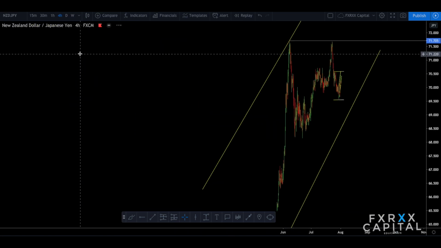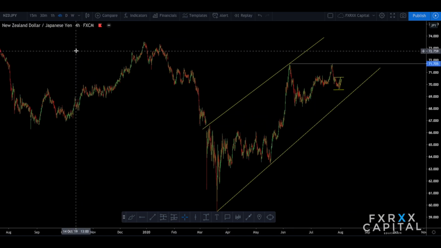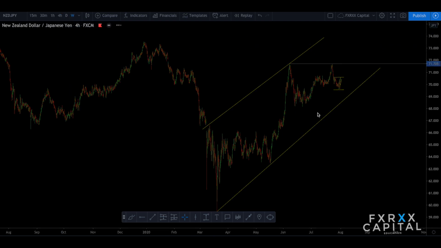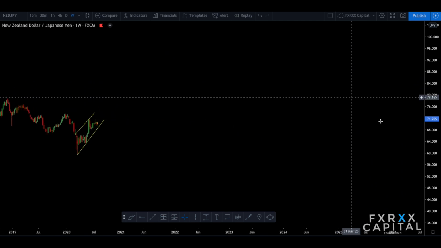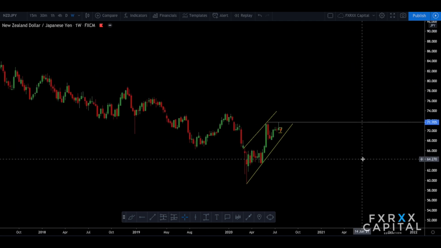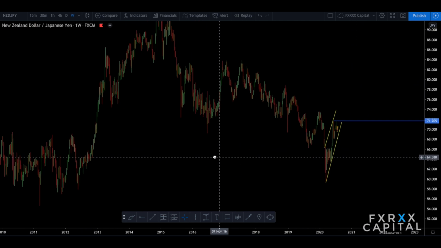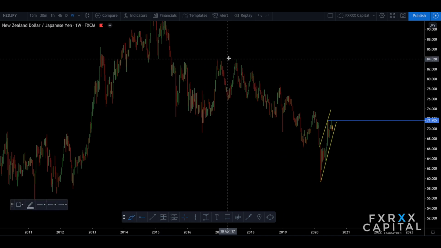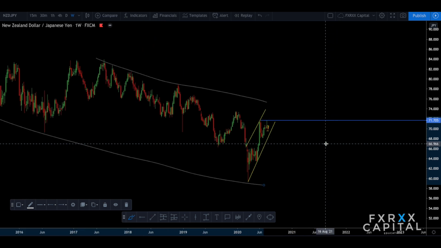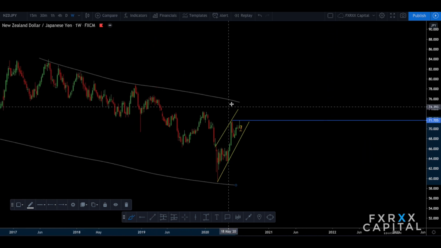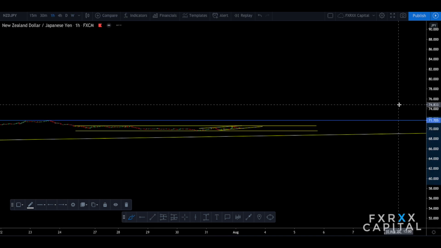Next, we move to the next pair, which is New Zealand dollar Japanese yen, high time frame. If we zoom in on the high time frame, this is considered one big correction. Price is at the middle of the correction, one big descending channel in 1 hour.